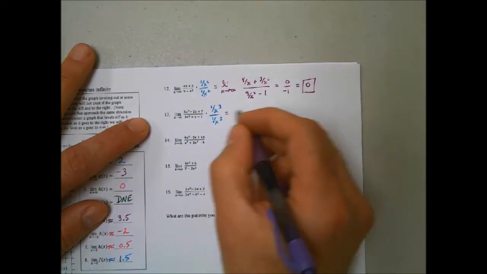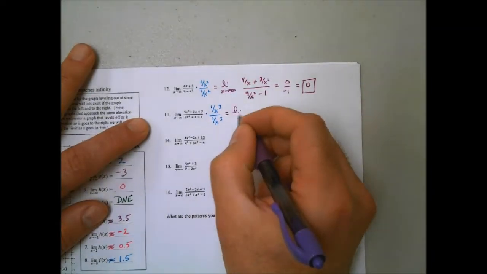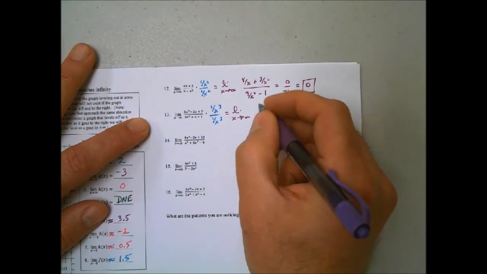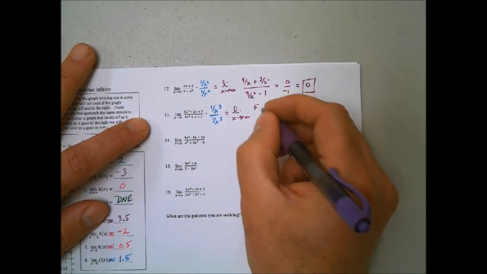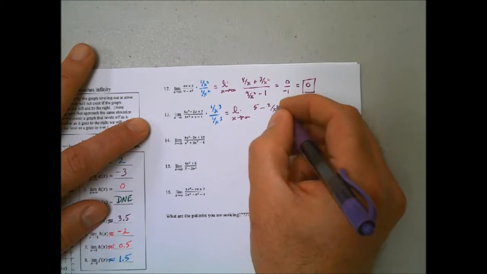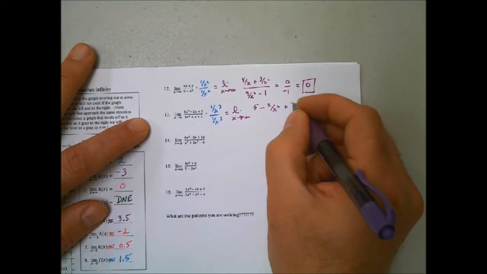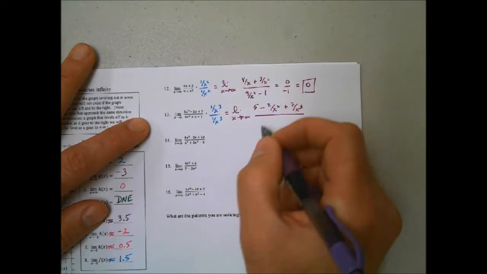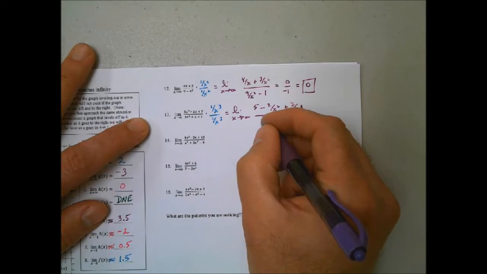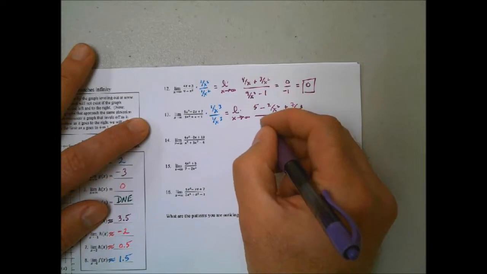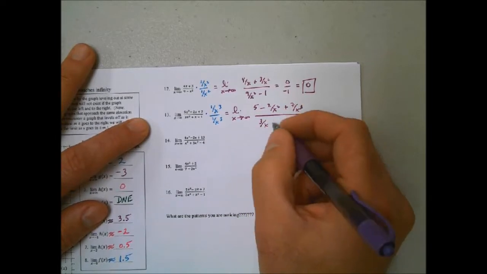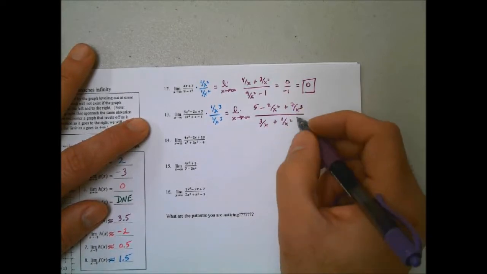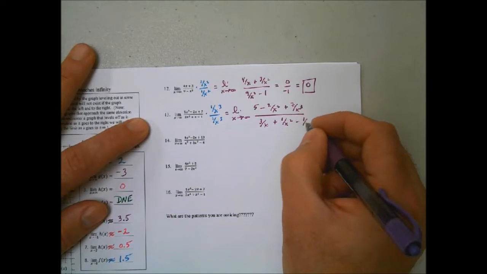So we get the limit as x goes to infinity of 5 minus 2 over x squared plus 7 over x cubed, all over 3 over x plus 1 over x squared minus 1 over x cubed.